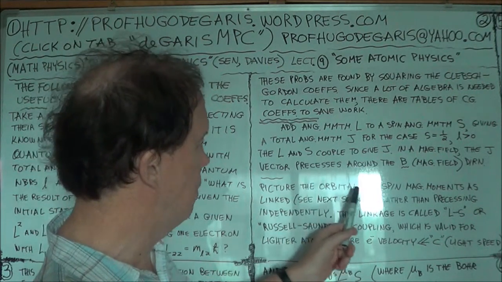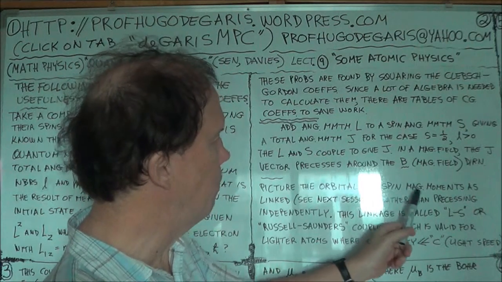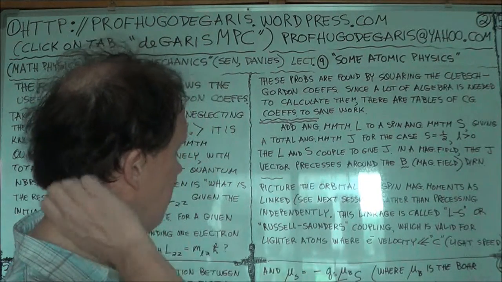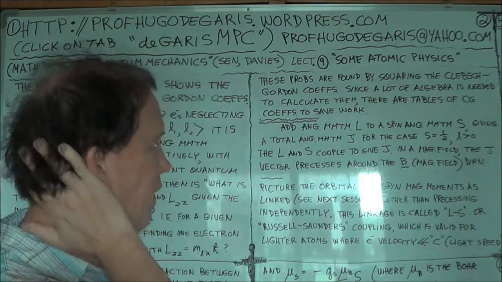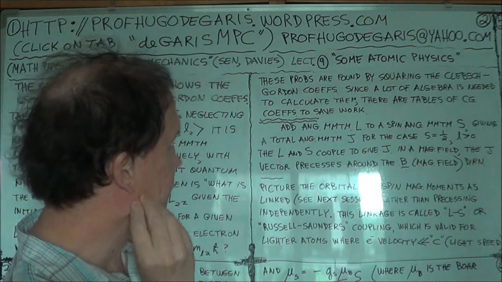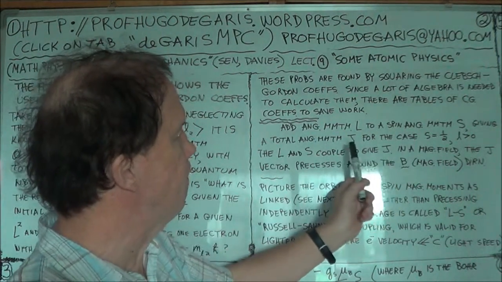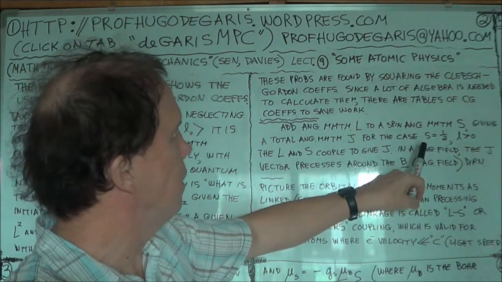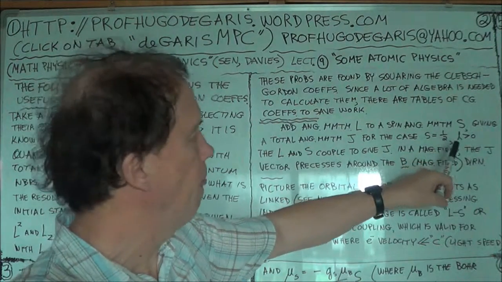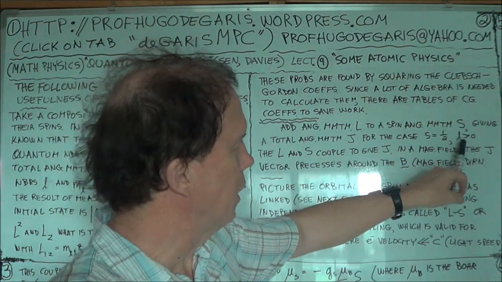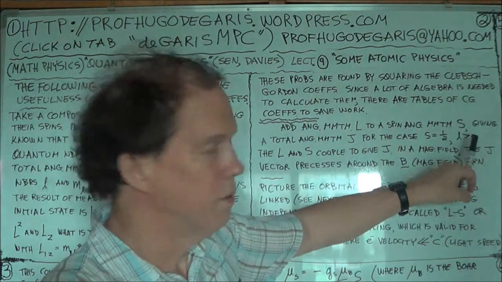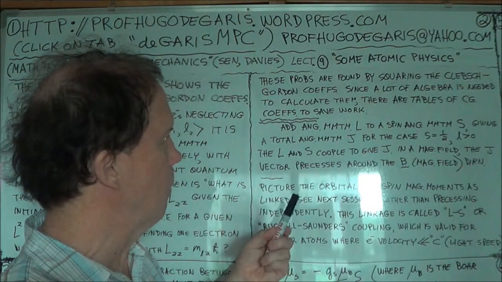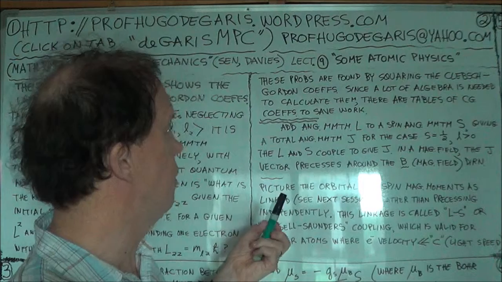Both, the electron has a spin magnetic moment, and it's going around the nucleus, so it has an orbital magnetic moment. So if we take the case of an electron where the spin is 1/2 and its orbital angular momentum L is non-zero, under those circumstances you get a spin-orbit interaction.